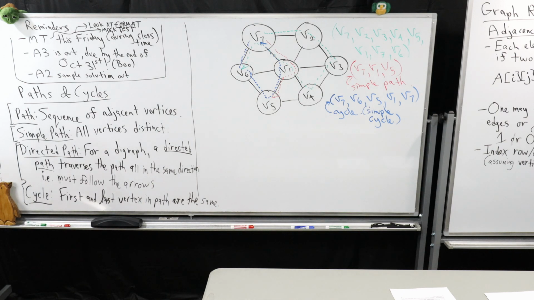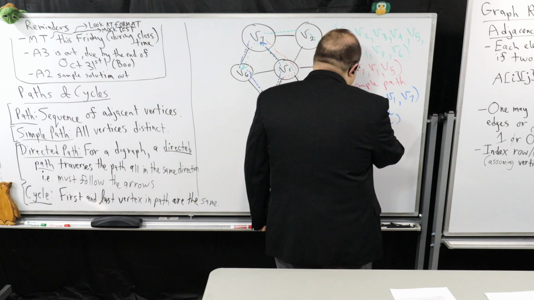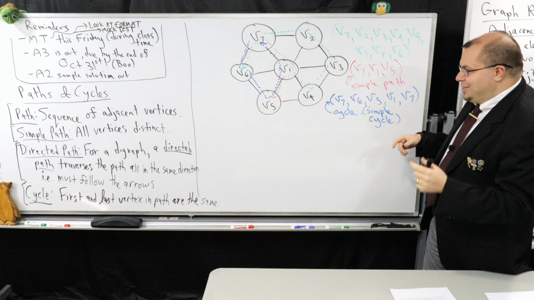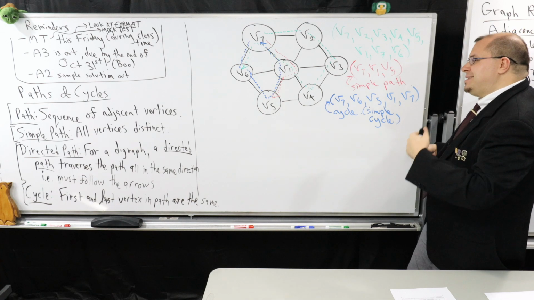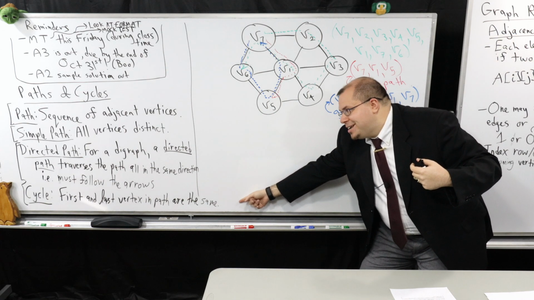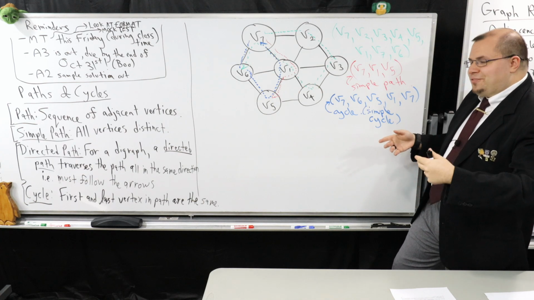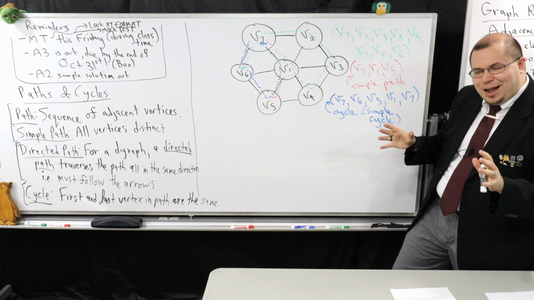Now you might ask, how can it possibly be simple? This is where you get around it in the graph theory terminology. The first and the last one are allowed to be the same. So when I say a simple cycle, I'm basically taking both this definition here in conjunction with this one. They have to be distinct, but the first and last ones are allowed to be the same. So it's both of them at the exact same time.